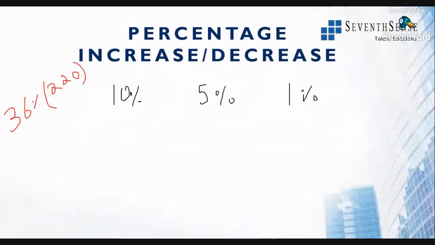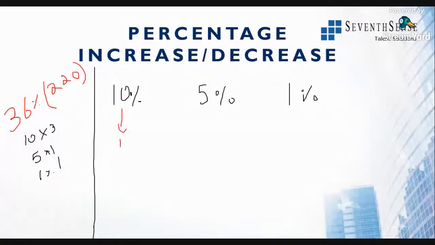So 36 consists of 10 into 3 times, 5 into 1 time, 1% into 1 time. The 10% value is very easy to find out, right? That is 1 by 10. So whatever value you get, it is X. That is 10%.